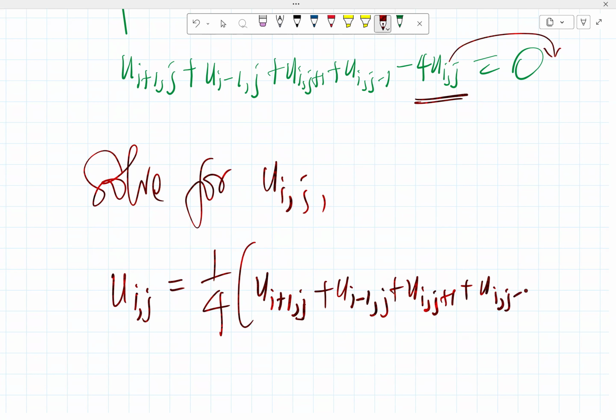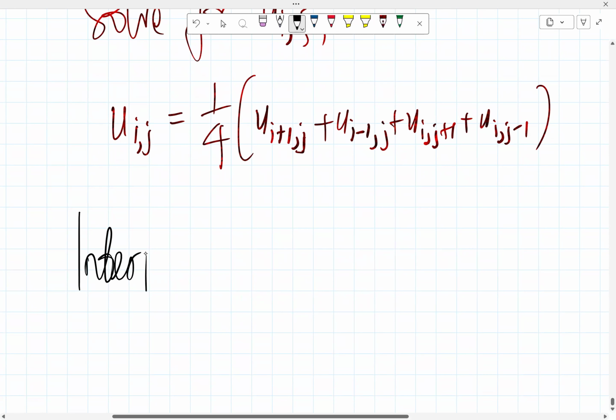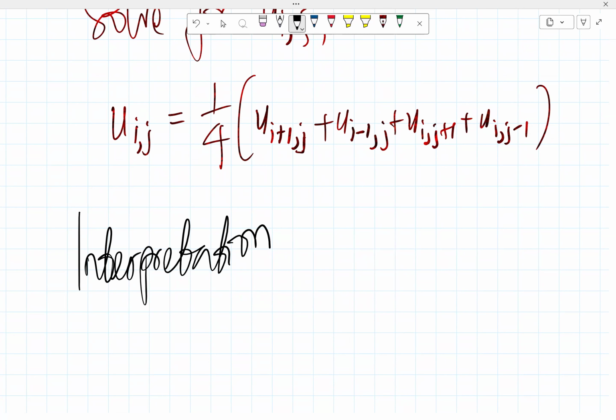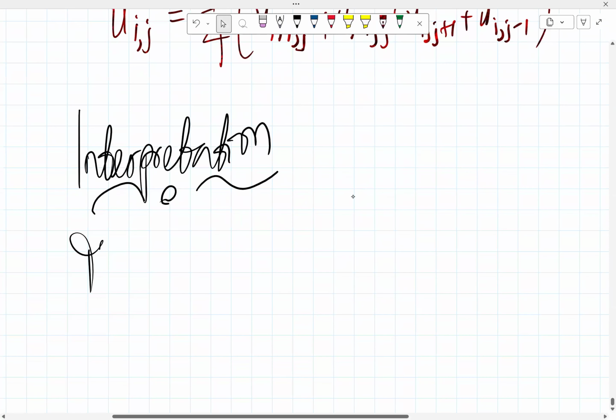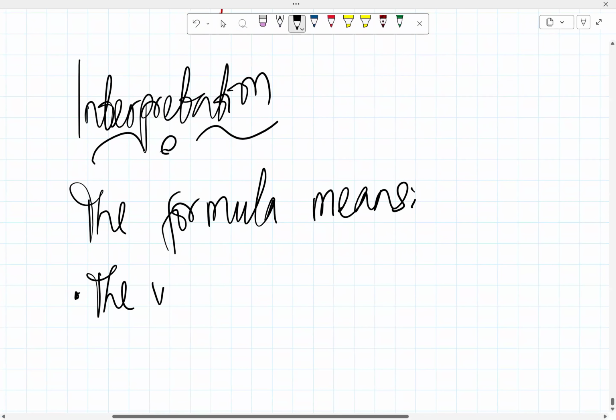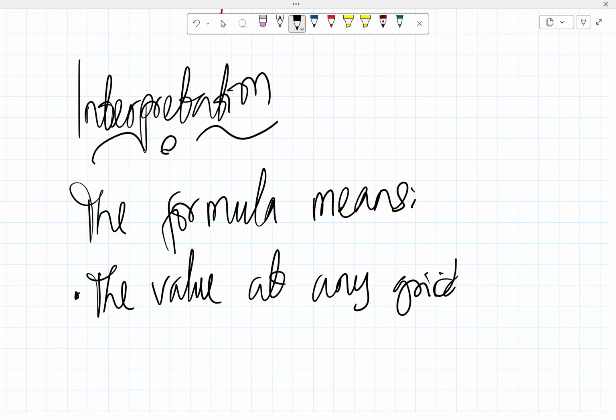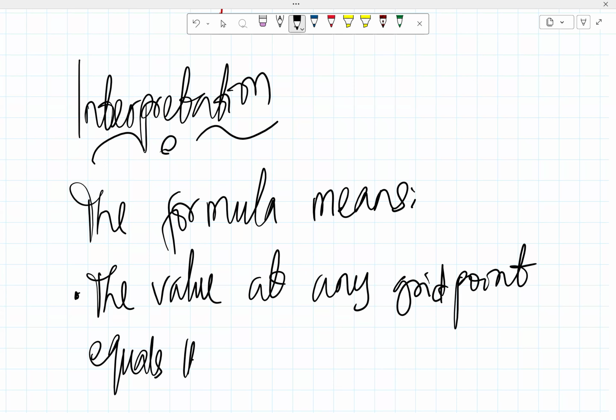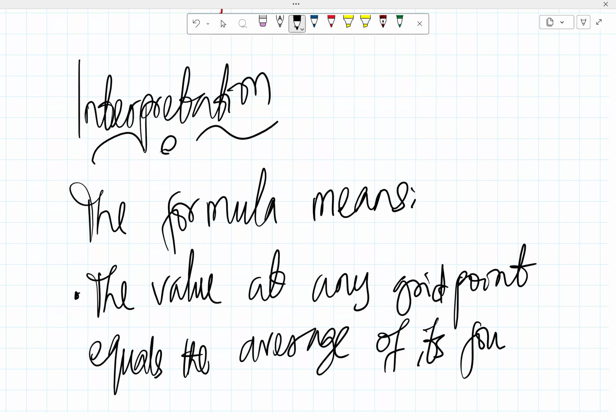So the interpretation is that the formula means the value at any grid point equals the average of its 4 neighbors.